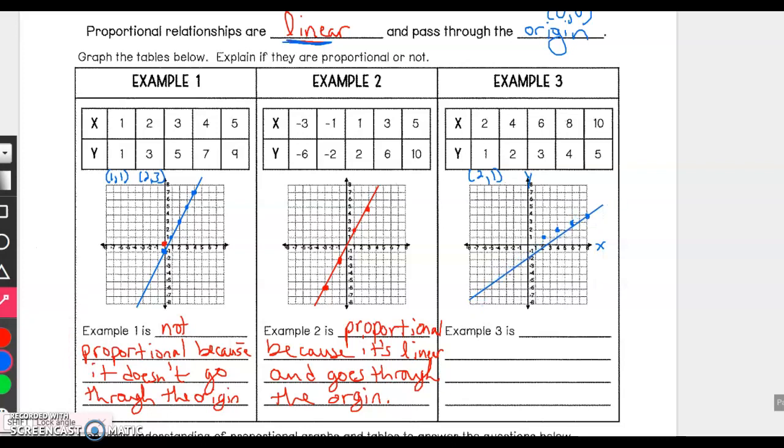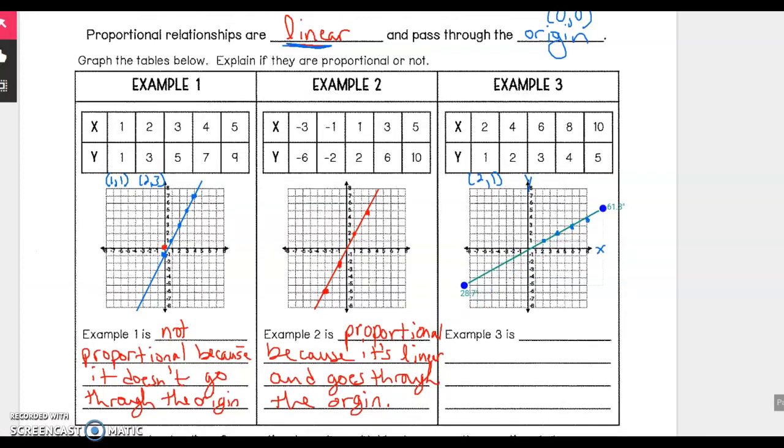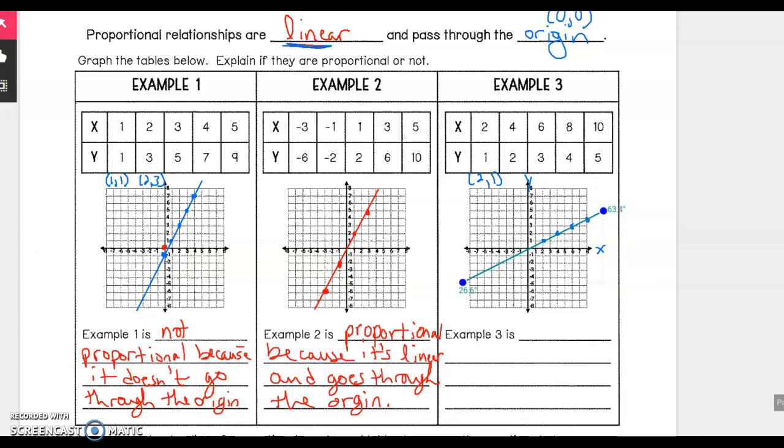So if we draw a line through that, sorry, you guys have to watch me try to draw these lines. There we go. I would say it looks like a straight line and goes to the origin.